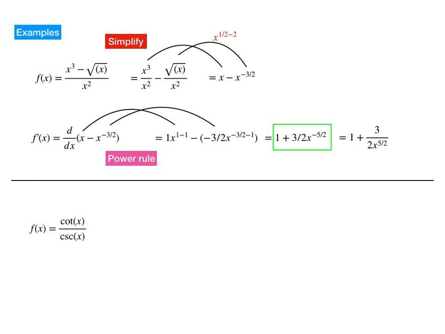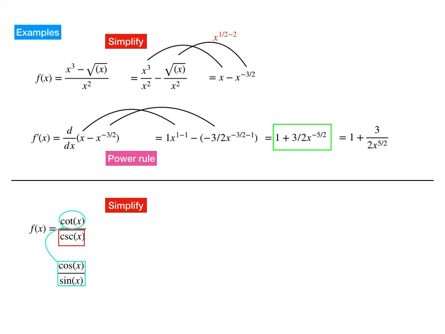The next example is f of x equals cotangent of x divided by cosecant of x. Again, you want to ask yourself, can you simplify this function? And the answer is yes in this case. Cotangent of x, you can rewrite it as cosine divided by sine.